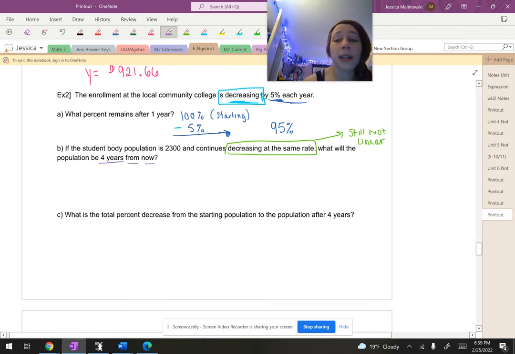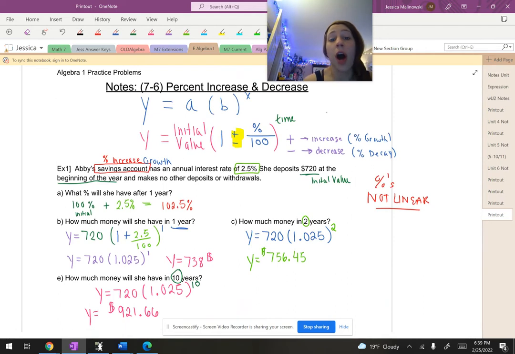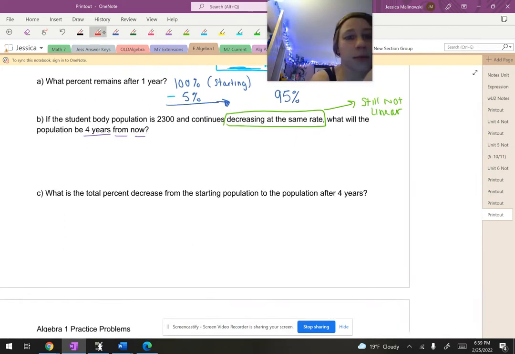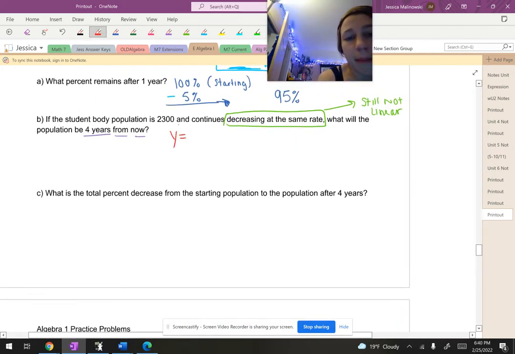So I'm going to go back and use that original percent increase and decrease formula we came up with. The y equals the initial value, parentheses 1 plus or minus percentage divided by 100 raised to the t time. So here we go. My initial value is that 2,300. 1 plus or minus.